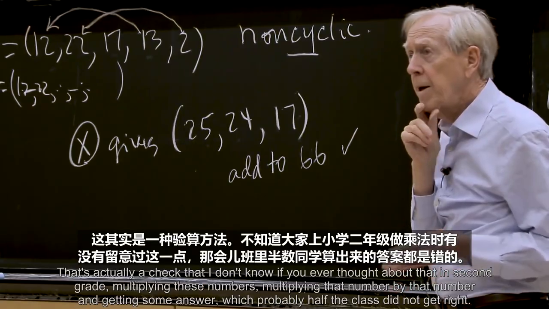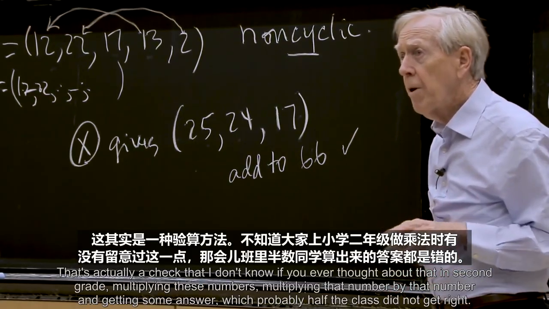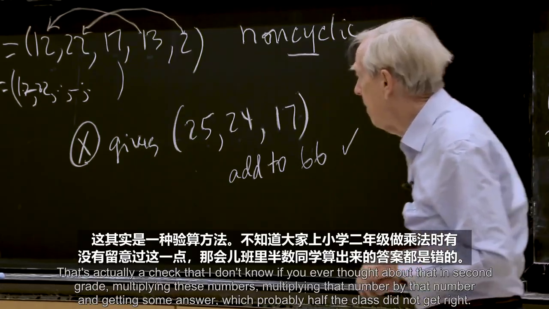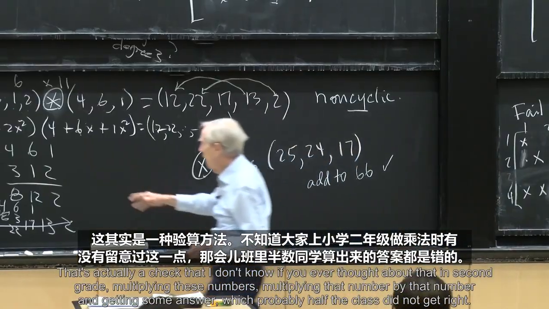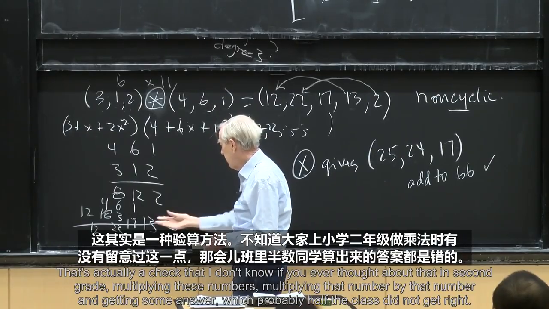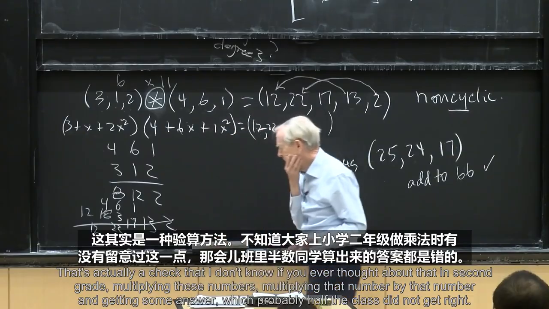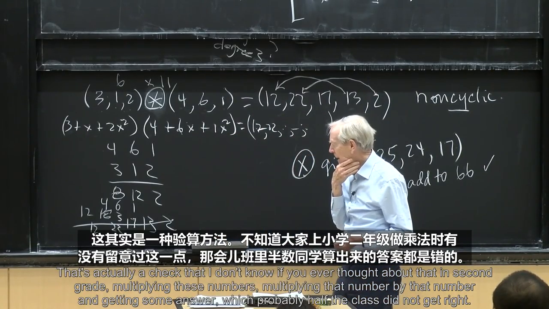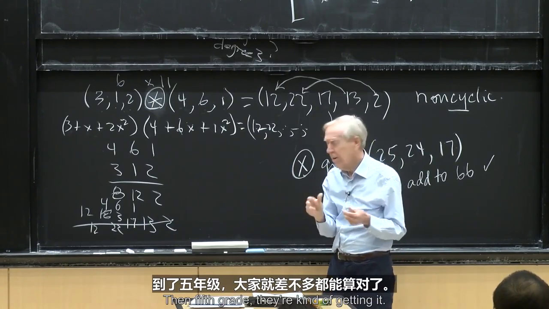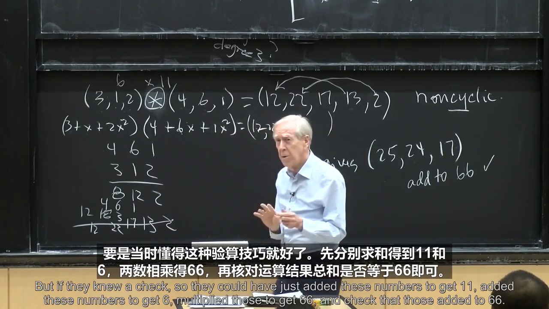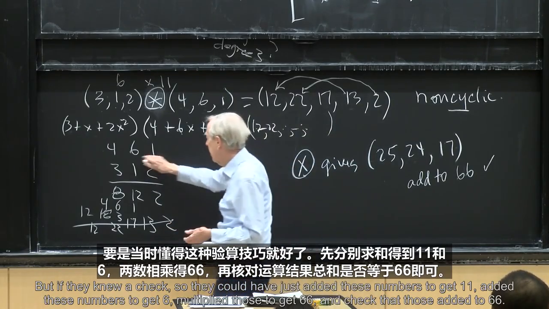So that's actually a check. I don't know if you ever thought about that in second grade. Multiplying that number by that number, and getting some answer, which probably half the class did not get, right? Then 5th grade, they're kind of getting it.